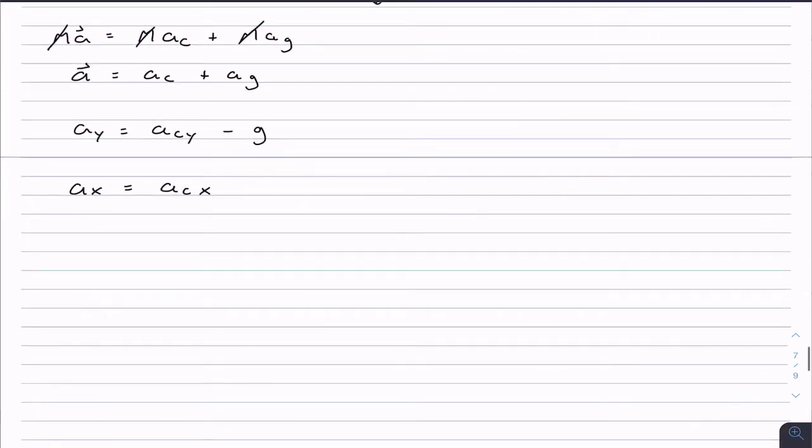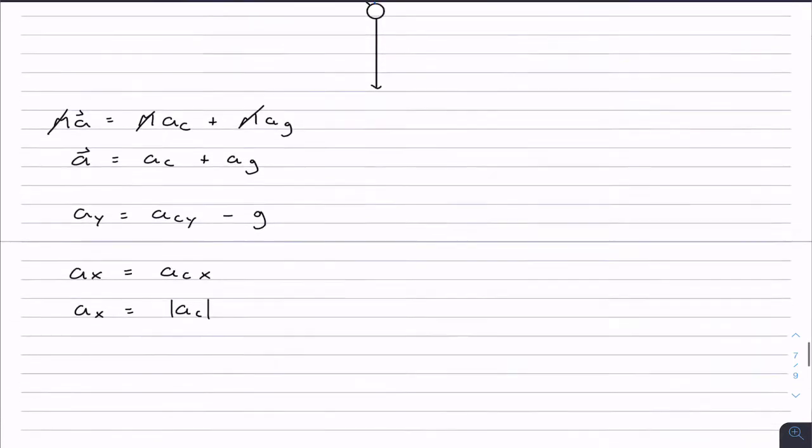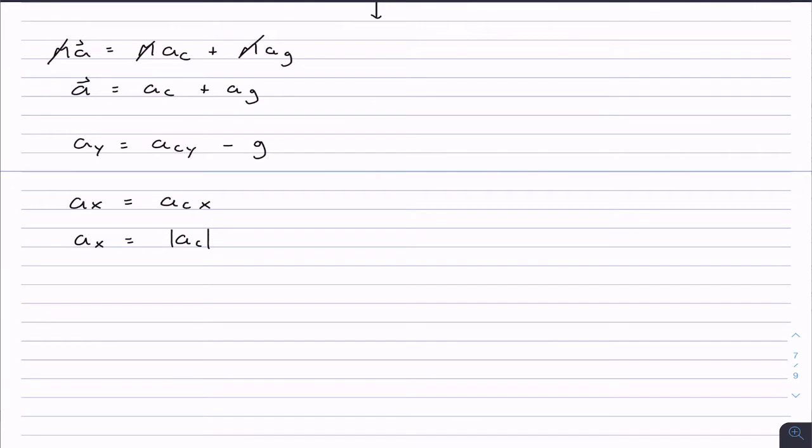So what we have is a_x is equal to, and if we look at our diagram, here's theta, and this component here is going to be sine theta. So x hat in this direction is sine theta, where theta is 24.7 degrees.